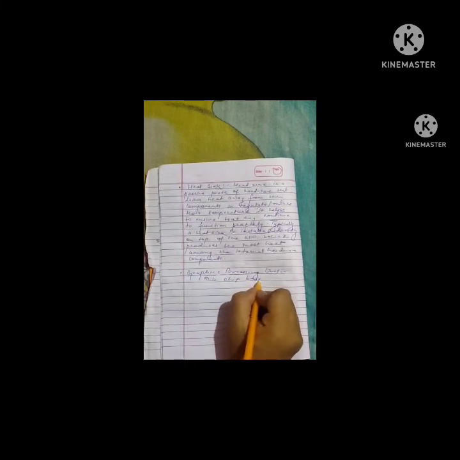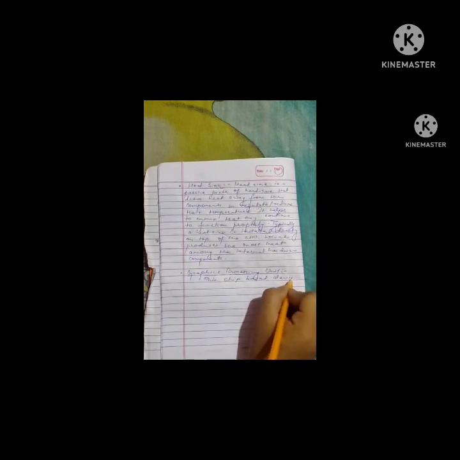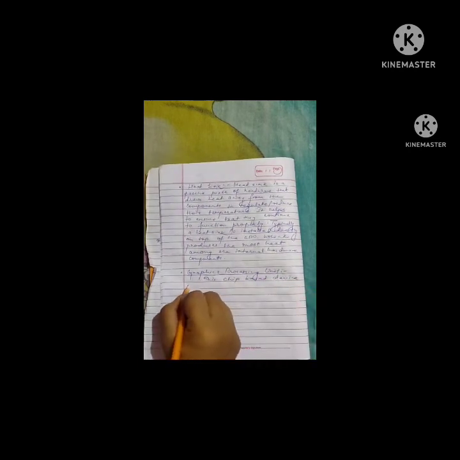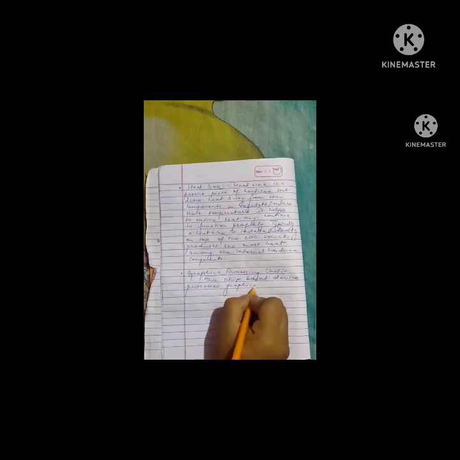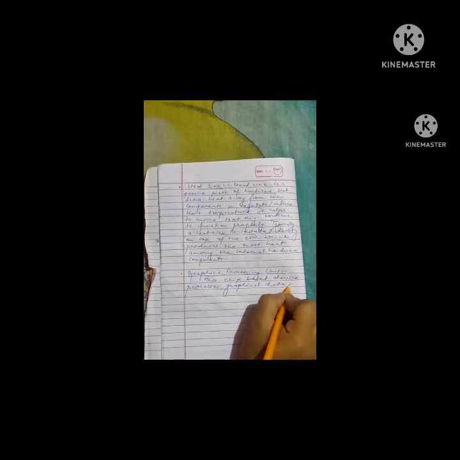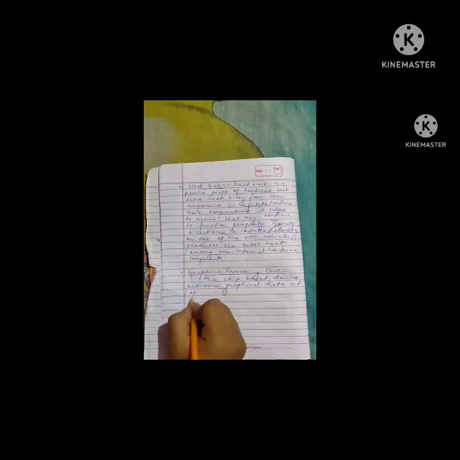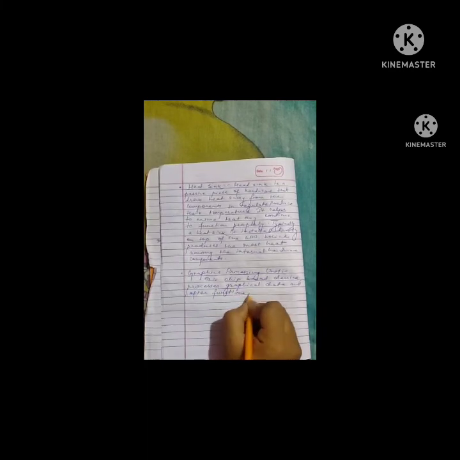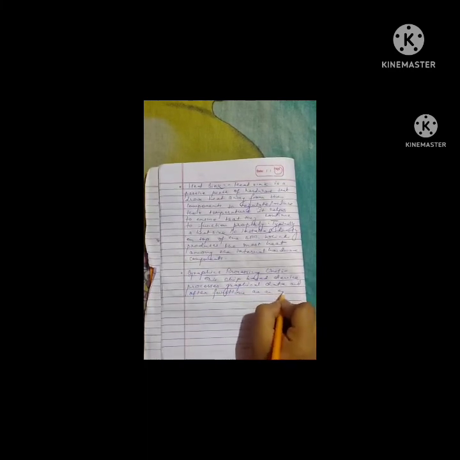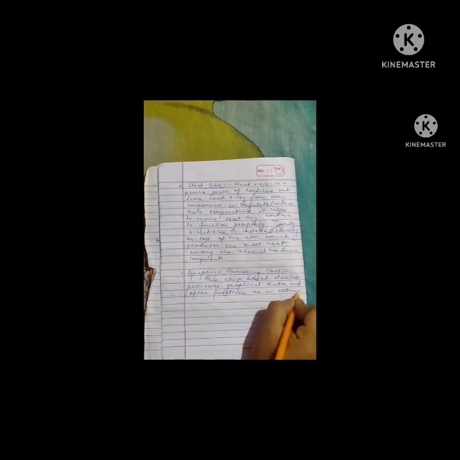So this chip-based device processes graphical data and often functions as an extension to the main CPU.